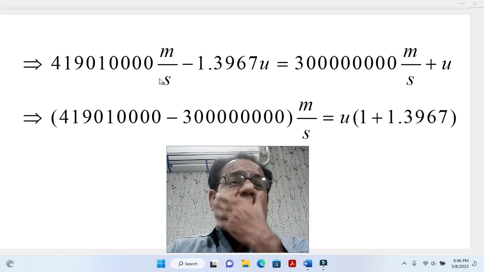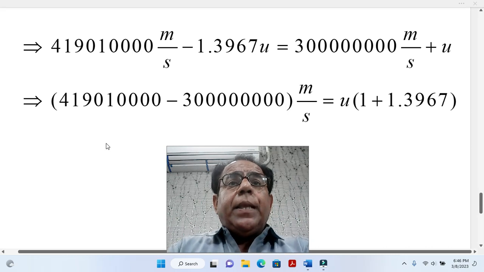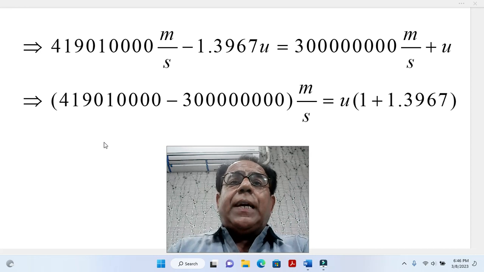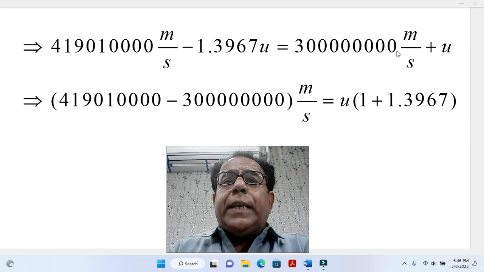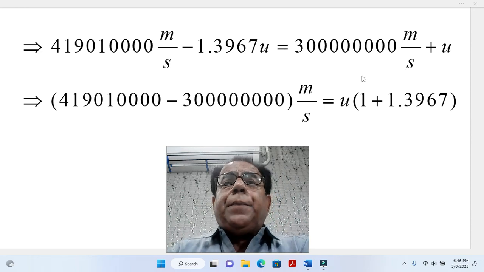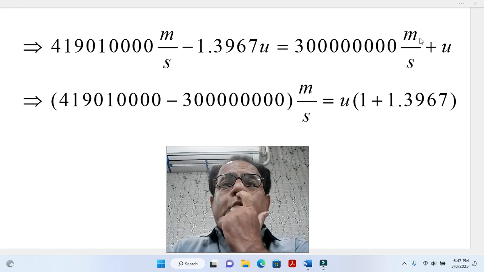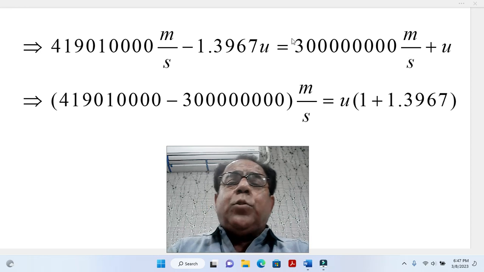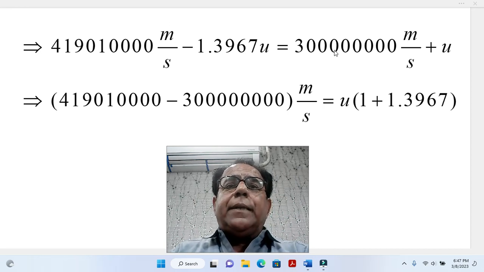Now dear students, what we have done: this is meter per second and this is also meter per second. It means in the next step we have shifted this 3 along with 8 zeros meter per second to the other side of this equation. So from here we will take meter per second as common, and this will become this minus this.